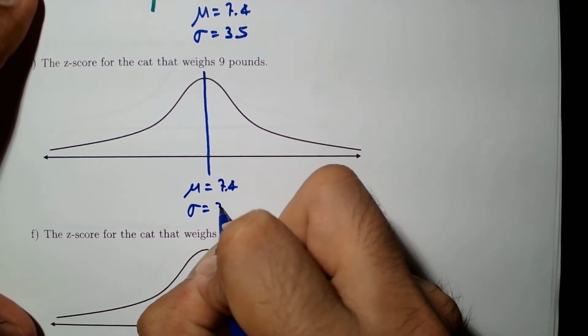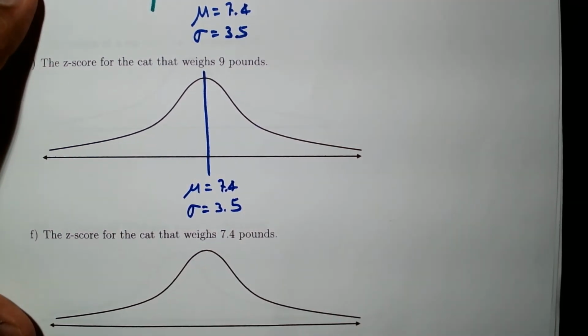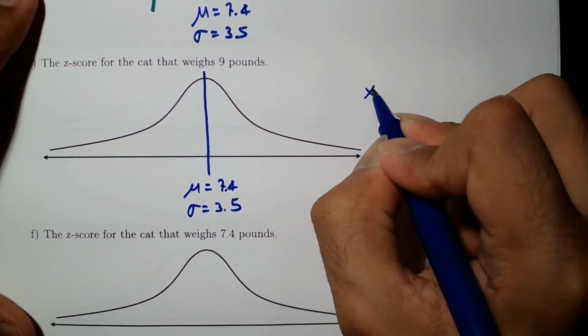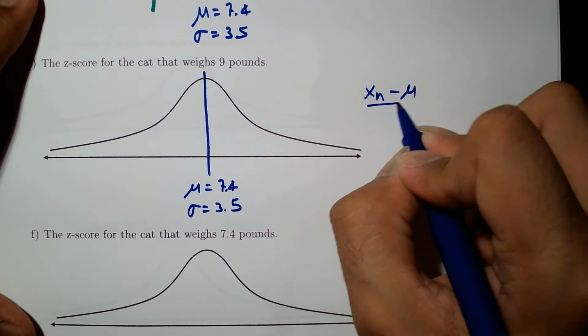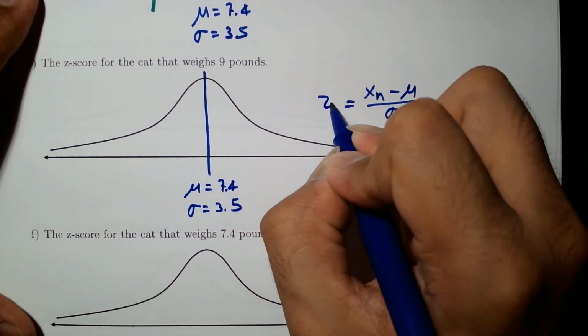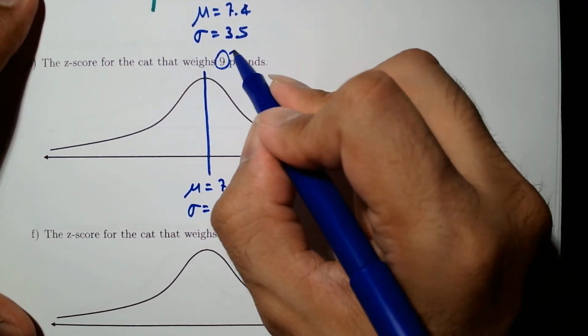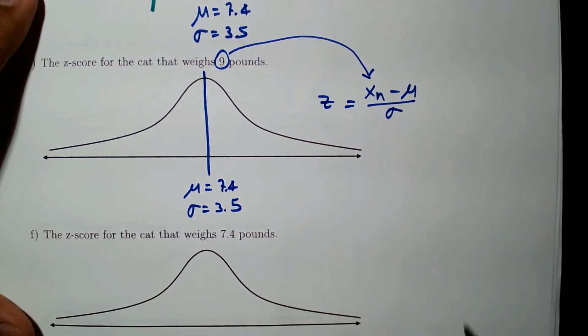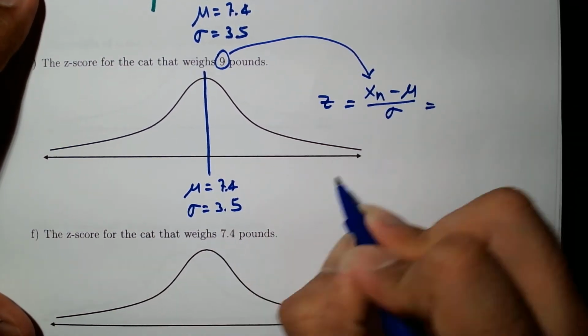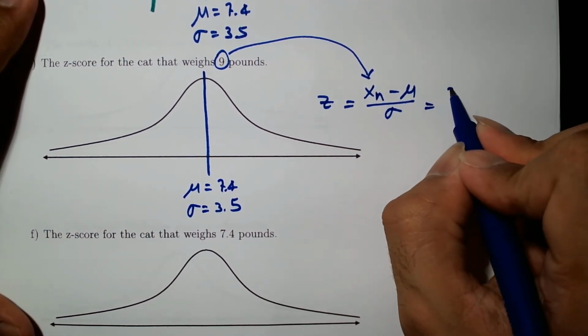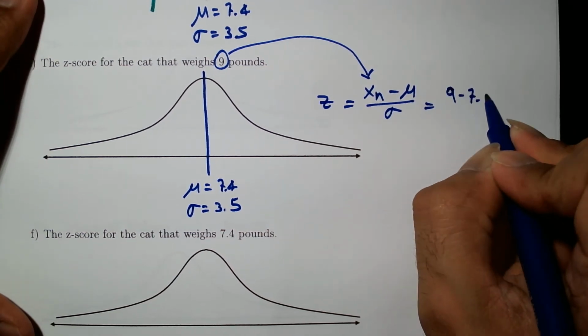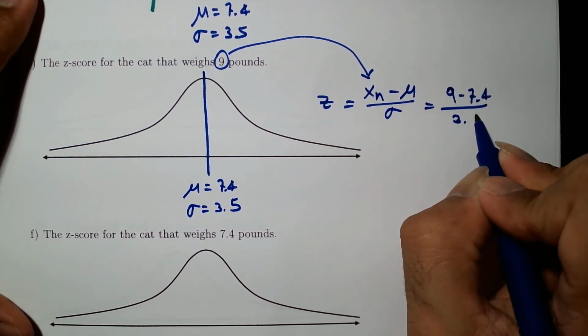The mean is 7.4, the standard deviation 3.5. Okay, so x_n minus mu over sigma, that's the z-score. The 9 pounds is to be plugged in here, along with the mean and the standard deviation, that's 9 minus 7.4 divided by 3.5.